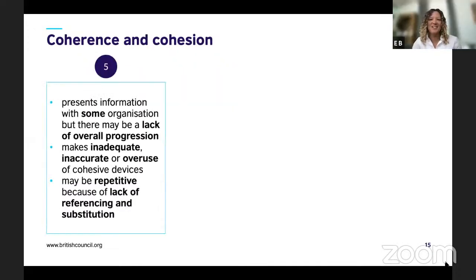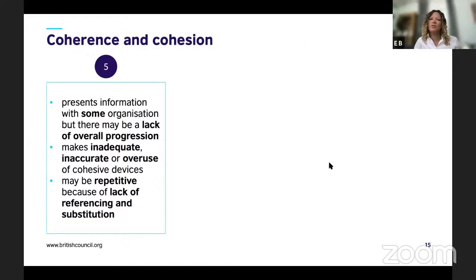Coherence and cohesion. So again, I'll just introduce the different band levels. At band 5, we have presents information with some organization, but there might be a lack of overall progression. So for example, this might be an essay that does use some of that signposting language, but it doesn't quite connect with the actual content that is in the essay.